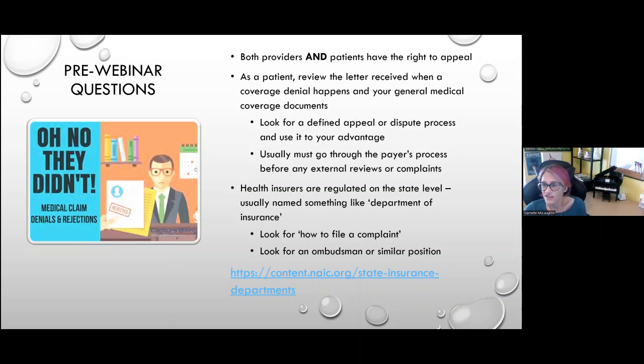A lot of them, you're going to look for something along the lines of how to file a complaint, or how do I file for an additional external review. You want to look for some type of position like an ombudsman, is usually what I've seen it called. Those are people positioned within these departments to help patients navigate these complex disputes.